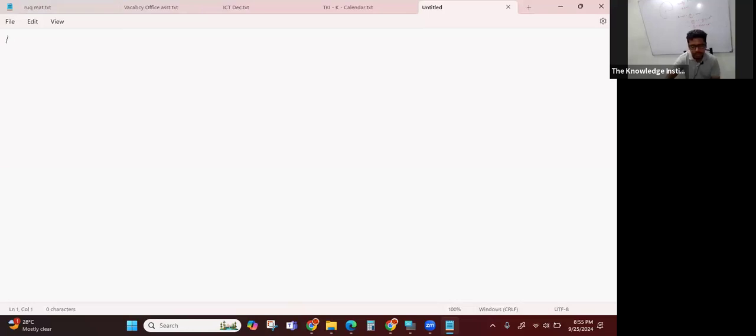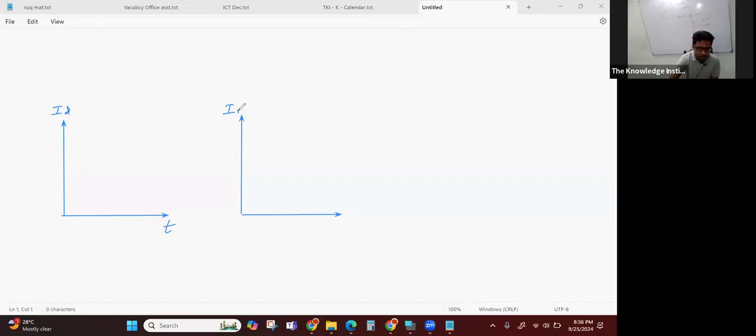Okay, so initially, here I take this as ID, diffusion current, with time, and this is IR with time, and then I will draw another graph.